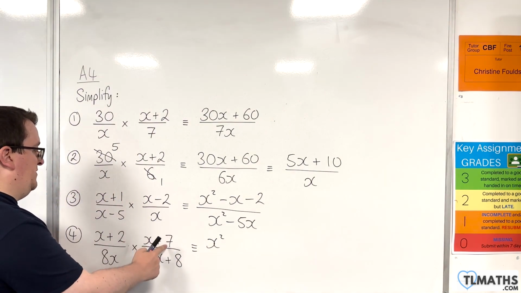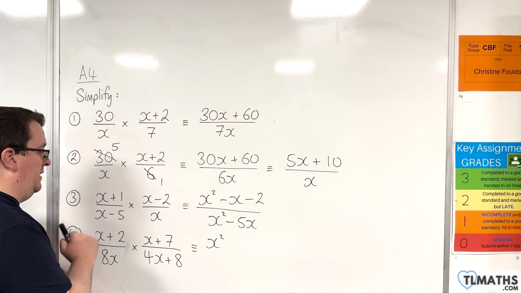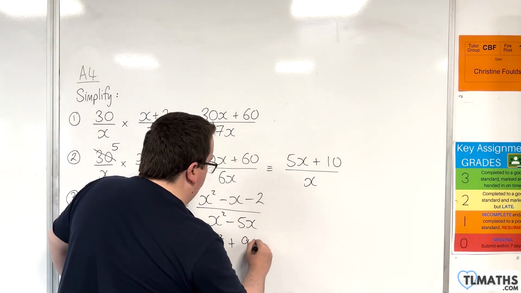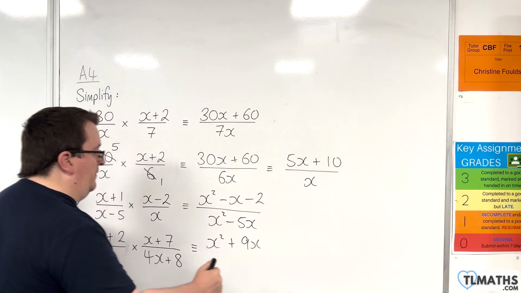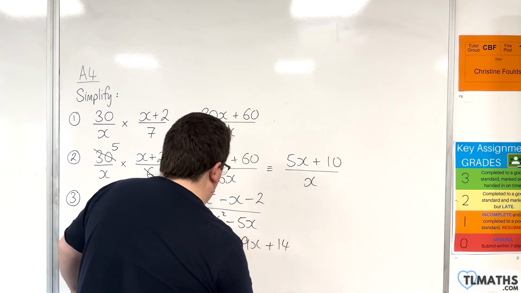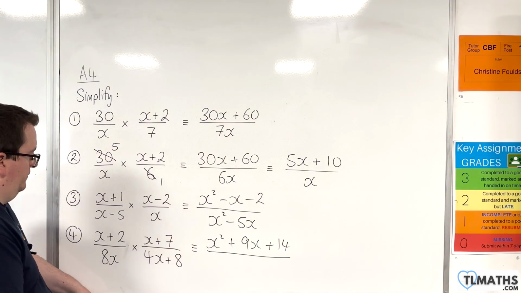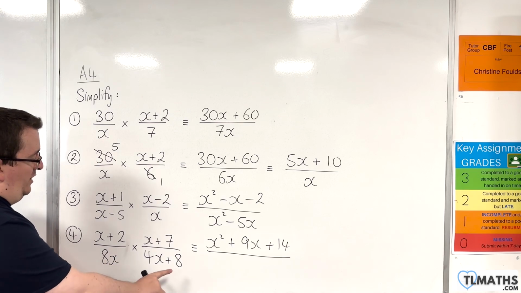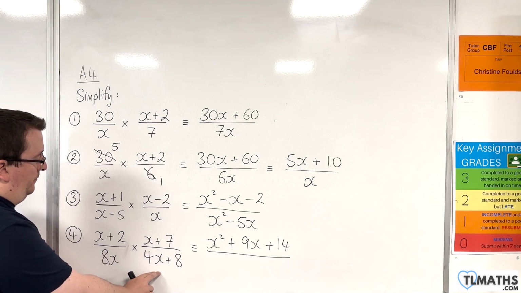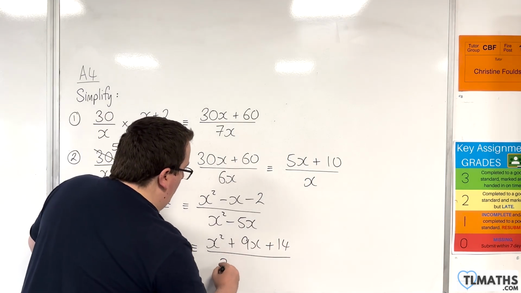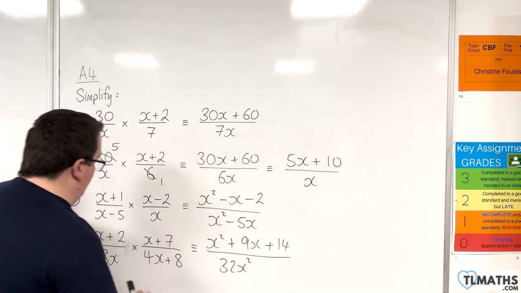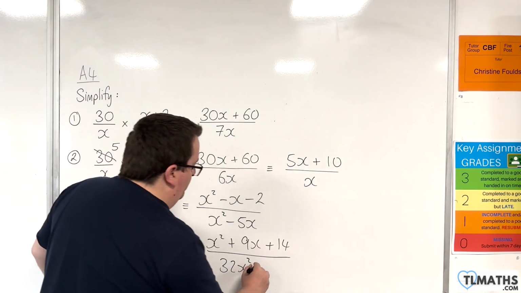Then x times 7 and 2 times x is 9x in total. Then 2 times 7 is 14. Then in the denominator, we've got 8x times 4x is 32x squared. And then we have 8x times 8, so 64x.